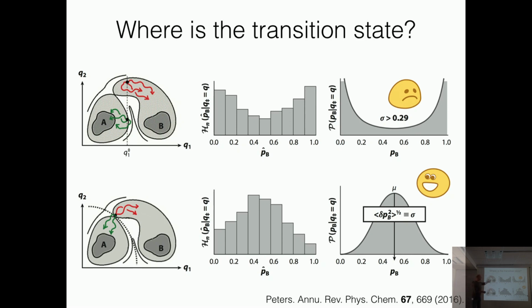Instead, I have a bunch of points with committor 0 and a bunch of points with committor 1. So that's where you want to be careful in your definition. And here's the correct thing. And he talks about what all these things are, but you'll get a distribution like this if it's wrong, one like that if it's right. You can tell that it's wrong because he puts a frowny face and is right when he puts a smiley face. Yes, that's an Annual Review of Physical Chemistry. Love it.